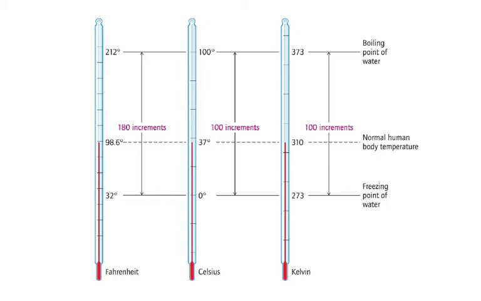Okay, so here is a figure from your textbook, but we might want to spend a little bit of time thinking about this and looking at this. So remember that a measure of temperature is what it is, right? You can change the units, but the thing you're measuring is not changing.